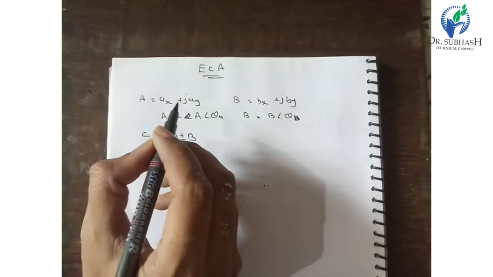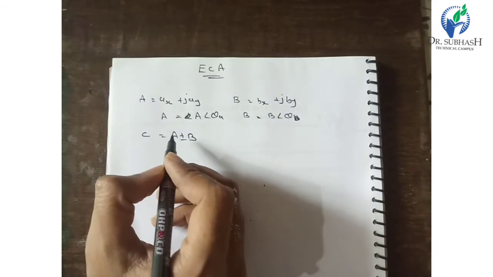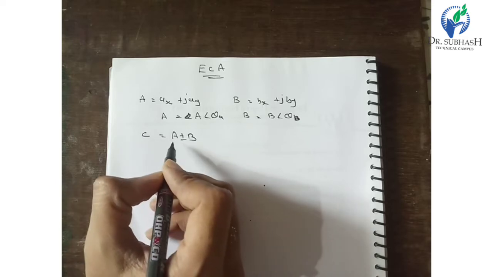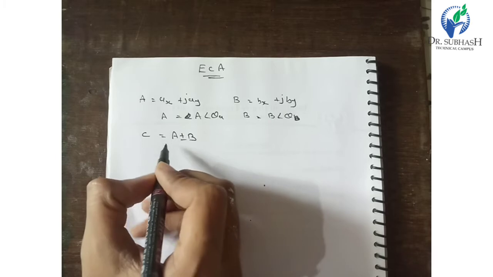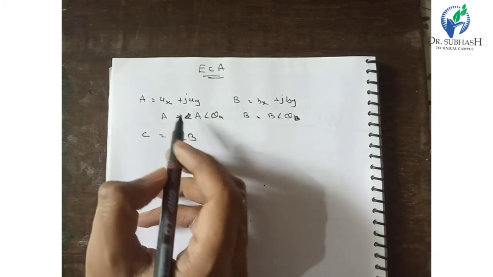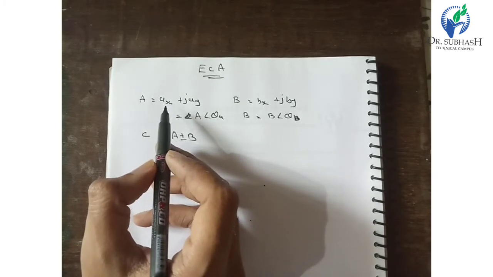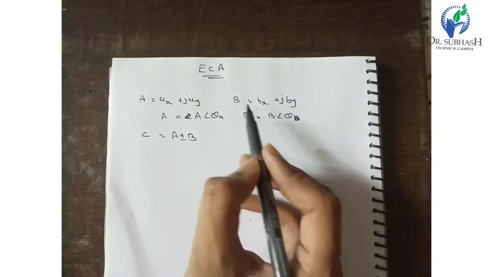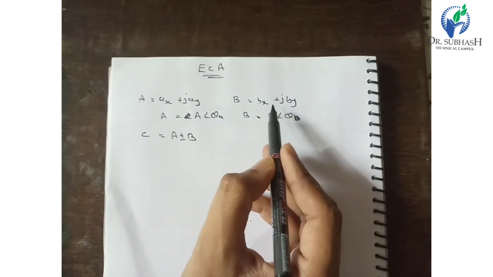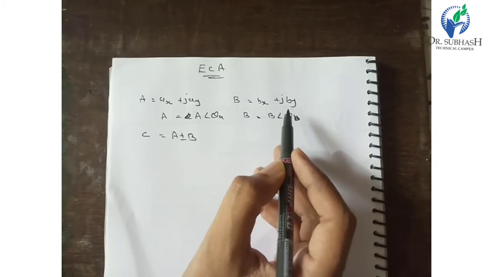Addition and subtraction follow a common form. Using a plus or minus b, we write a is equal to ax plus j into ay and b is equal to bx plus j into by.